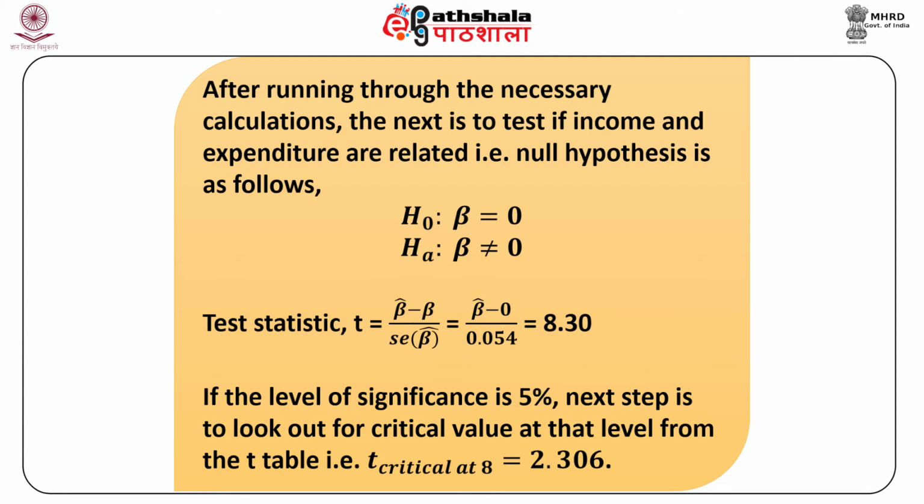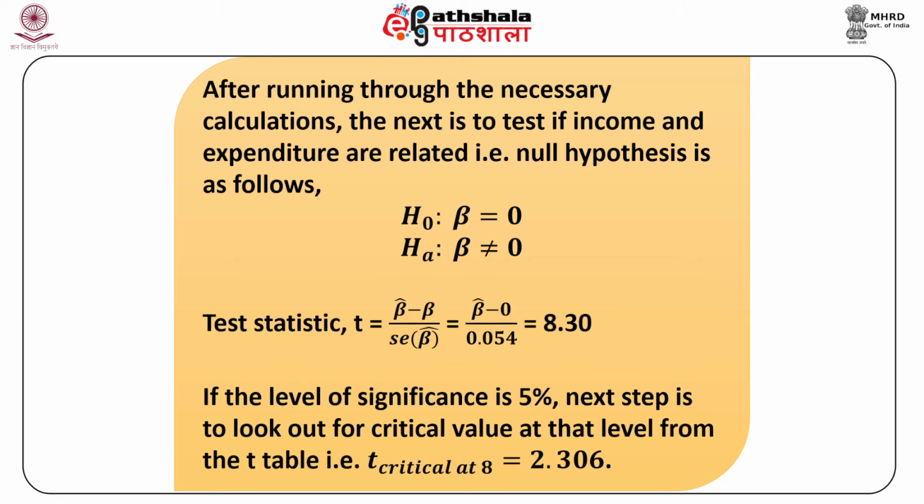If beta is equal to 0, then there will be no estimated relationship between income and expenditure. Our alternative hypothesis is beta is not equal to 0, and let me say in passing that this is a two-tailed test.